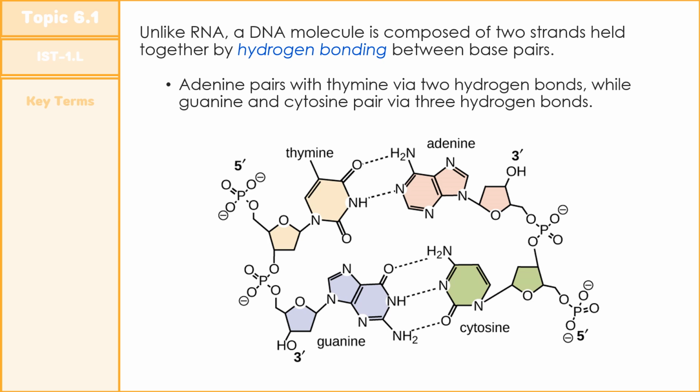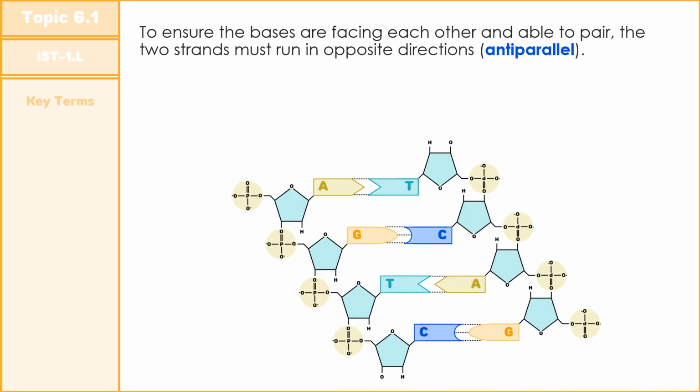Like, for example, if I really wanted to simplify my model here, I could swap out all of those nitrogenous bases. We can get a little lazy with our shapes, and so you can have complementary shapes here. But I've still got those 2 hydrogen bonds for adenine and thymine, and my 3 hydrogen bonds for guanine and cytosine.